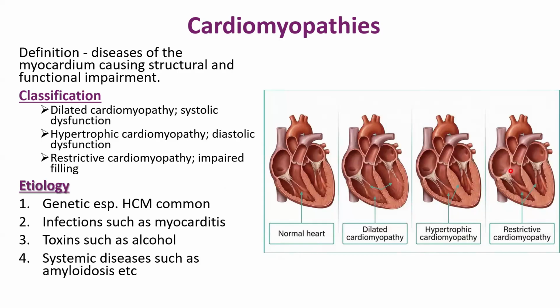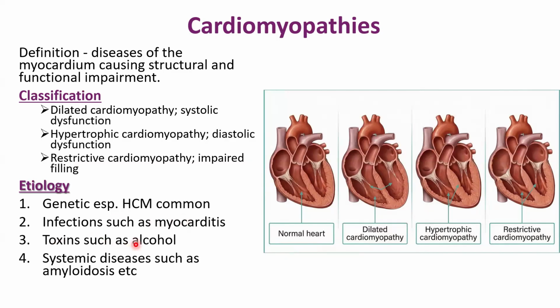Age may be a predisposing factor or cause of cardiomyopathy. Another is genetic predisposition, especially in HCM, hypertrophic cardiomyopathy. Infections such as myocarditis, so remember how infective endocarditis can be related to these cardiomyopathies.